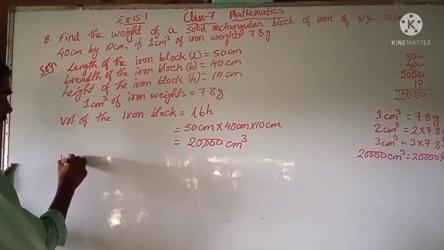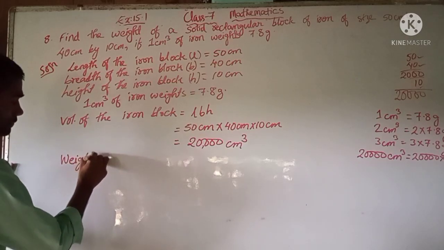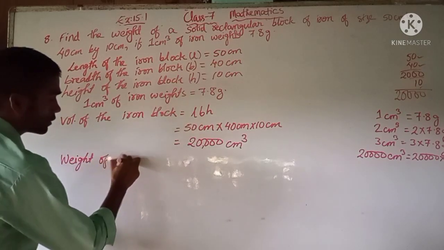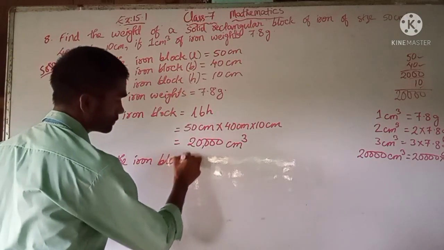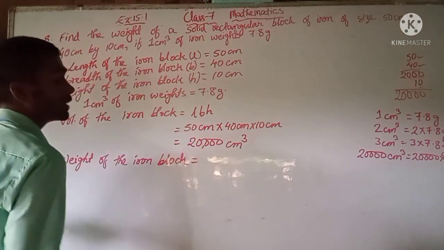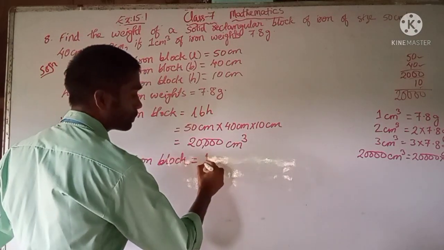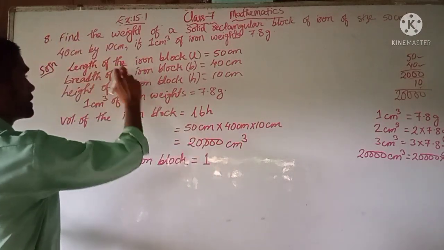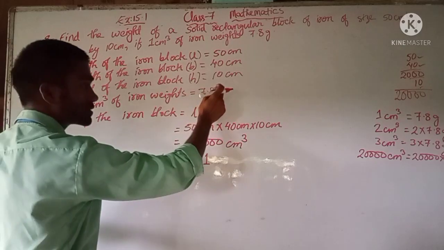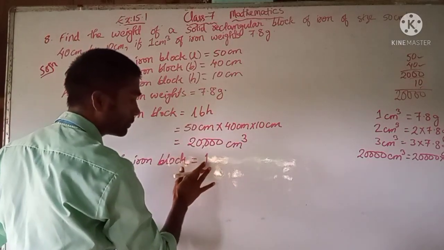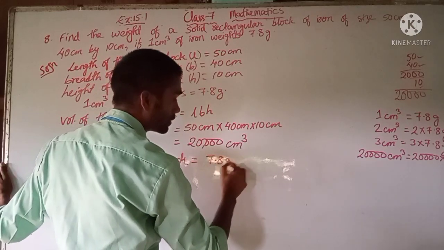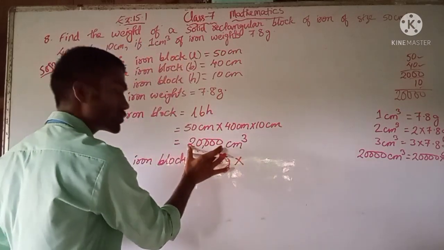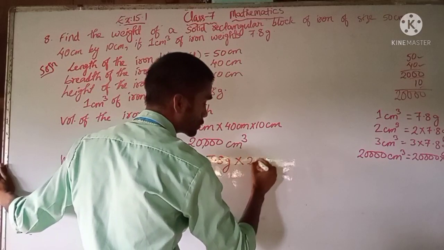Now we write here weight of the iron block is equal to 1 centimeter cube, it is equal to 7.8 gram. So we will multiply 7.8 gram with this 20,000.